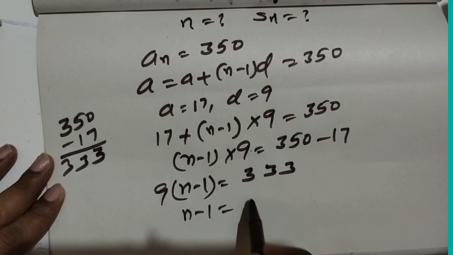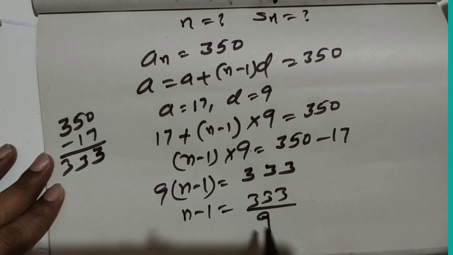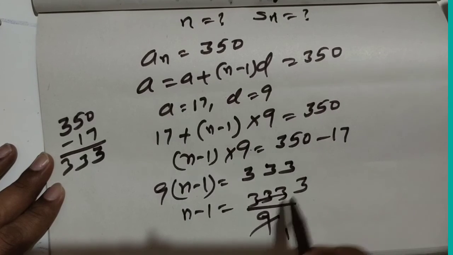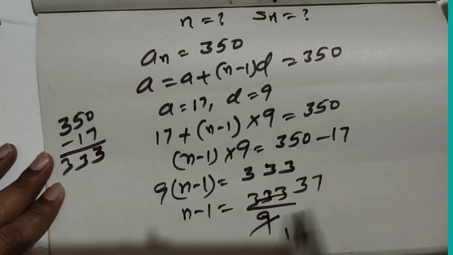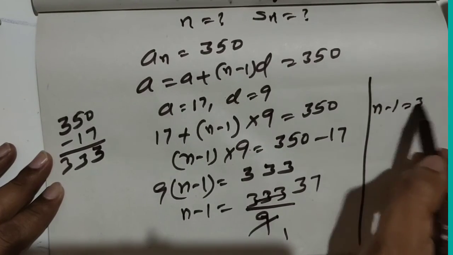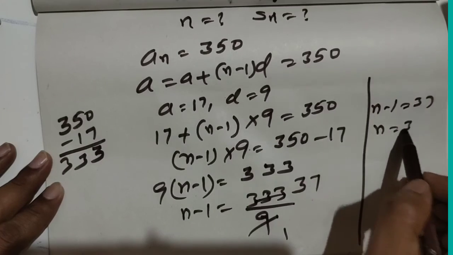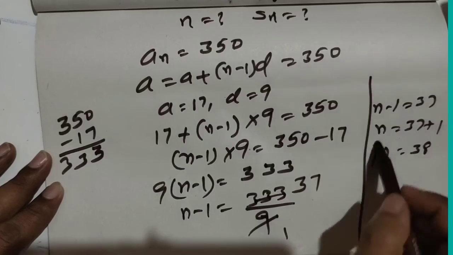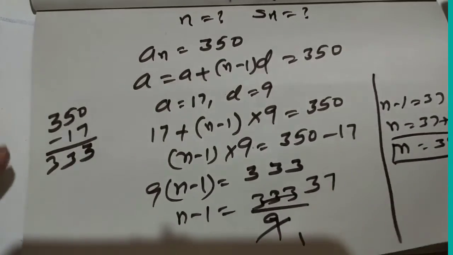Take this n minus 1 to that side, then 333 by 9. So by cancellation, what we get? 9 1s are 9, 9 3s are 27, 63 balance, 9 7s are 63. So we get simply n minus 1 is equal to 37, n is equal to 37 plus 1, n is equal to 38.